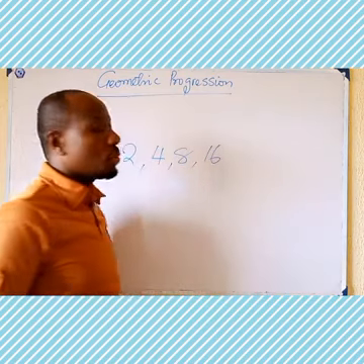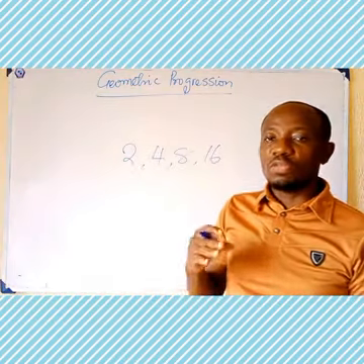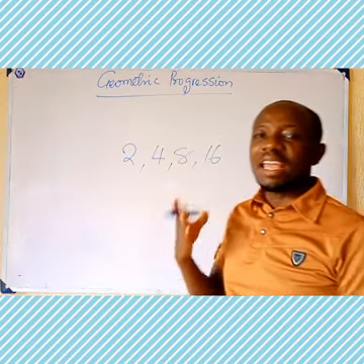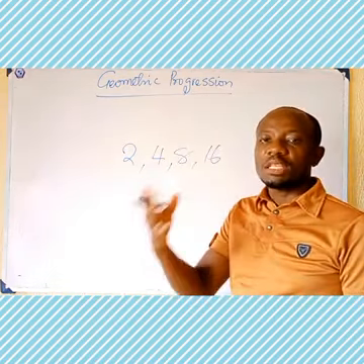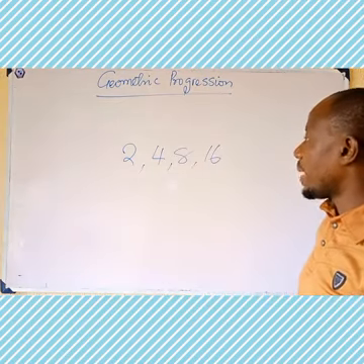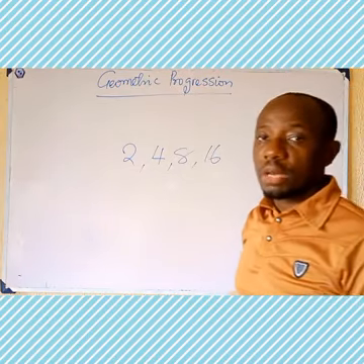So this is what we call geometric progression: a set of numbers in order being multiplied by a constant or a fixed number to obtain the subsequent numbers. That is what geometric progression is all about, right?